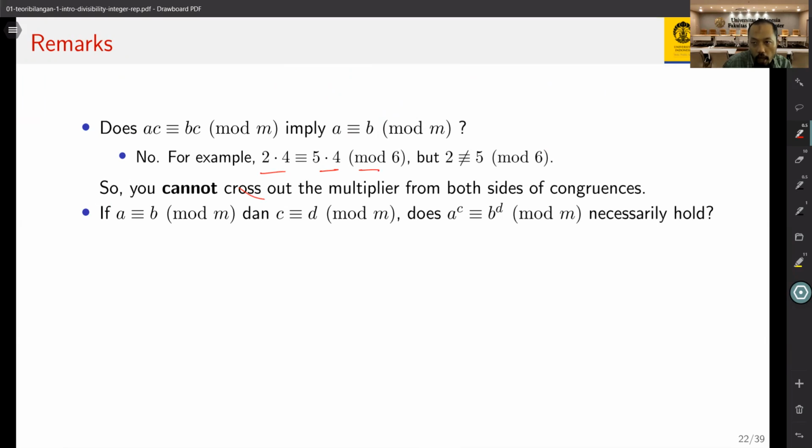But 2 is not congruent to 5 modulo 6. So essentially, you cannot go from the multiplication into something simpler by crossing out the factors. You cannot always do that. There are cases where you can, but in general you cannot do that.